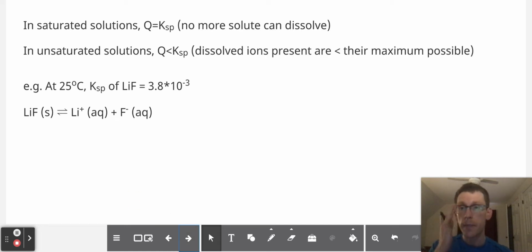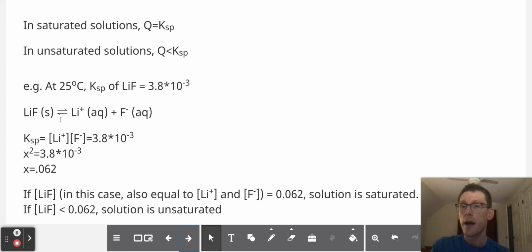So again, in a saturated solution, we're at the point that absolutely no more solute can dissolve. But if we're in an unsaturated solution, we could keep adding some lithium fluoride and dissolving it before this equilibrium is established. In this case, the lithium fluoride concentration is also equal to the lithium concentration and fluoride concentration, because this is a 1-to-1-to-1 equation.